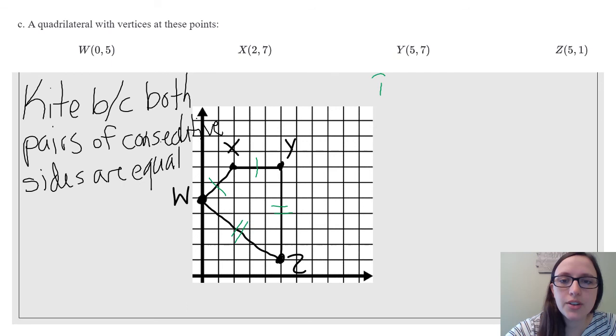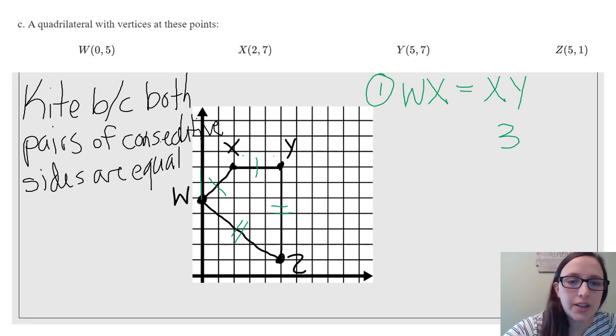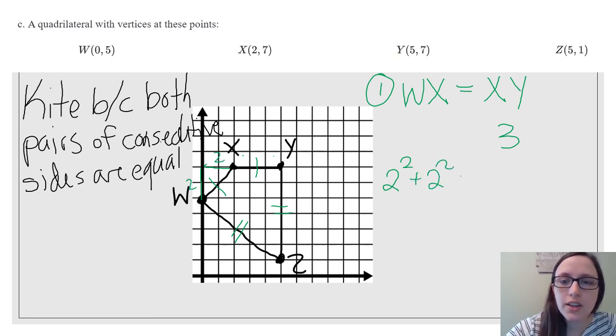All right, so first we're going to try to prove that WX equals XY. So XY is pretty easy. You just count 1, 2, 3 since it's horizontal. So that length is 3. To find WX, we're going to have to use the Pythagorean theorem. So 2 squared plus 2 squared, since the sides are 2 and 2, equals c squared. Well, 2 squared is 4, so 4 plus 4 is 8.